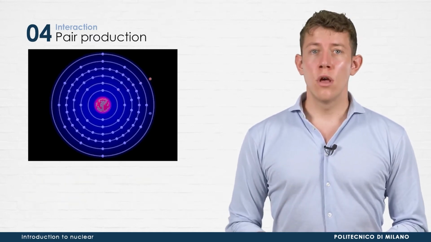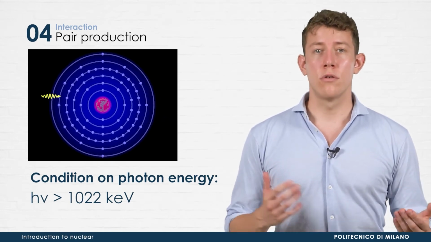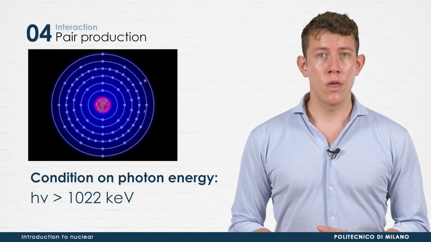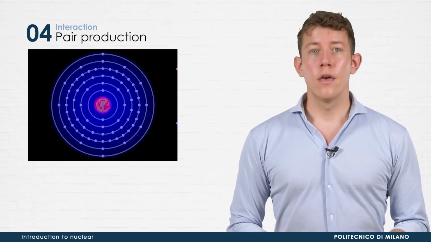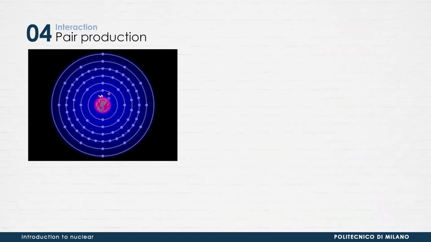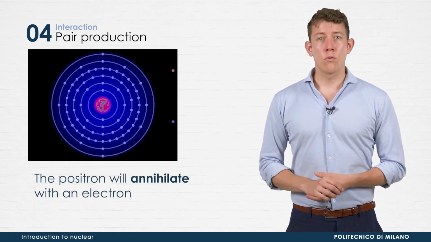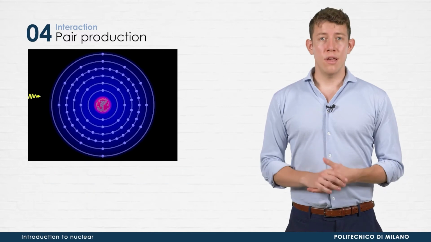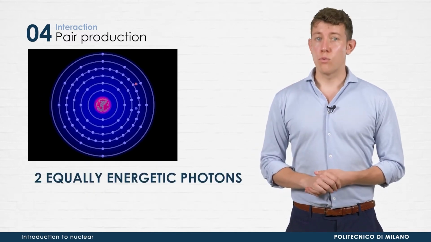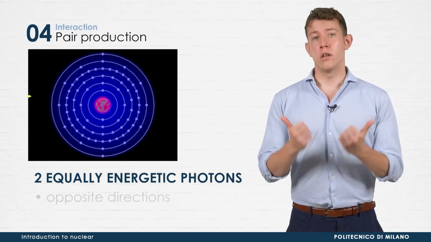For such reason, only photons with energy greater than the rest energy of the electron-positron pair, namely 1022 kilo-electron volts, undergo this process. The excess energy becomes kinetic energy for the two particles. Given its antiparticle nature, the positron will annihilate with an electron. This event causes the emission of two equally energetic photons, which, due to energy and momentum conservation, travel in opposite directions.